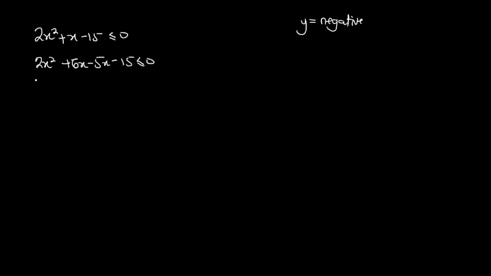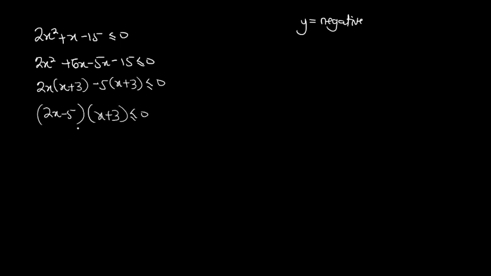Okay, so let's continue. So we have 2x common here, so I have 2x into bracket, x plus 3 here. Then over here I have minus 5 common, then x plus 3. This is less or equal to 0. So I have here 2x minus 5, and then x plus 3 is less or equal to 0. So from here I have 2x minus 5 less or equal to 0, or x plus 3 less or equal to 0.